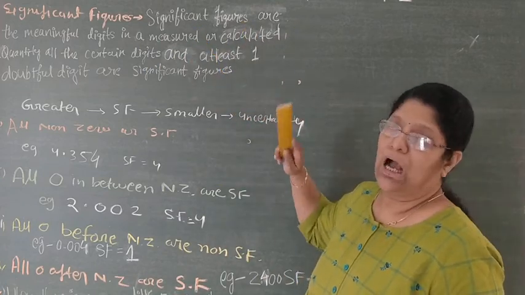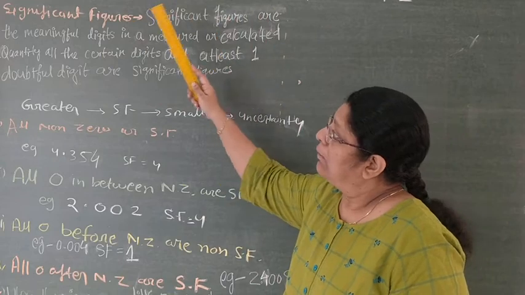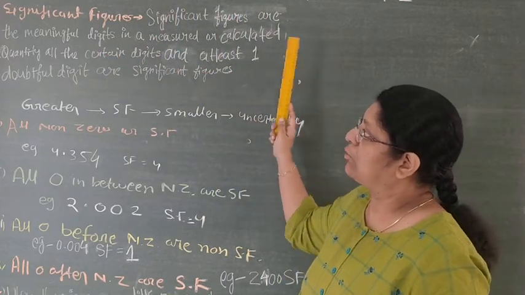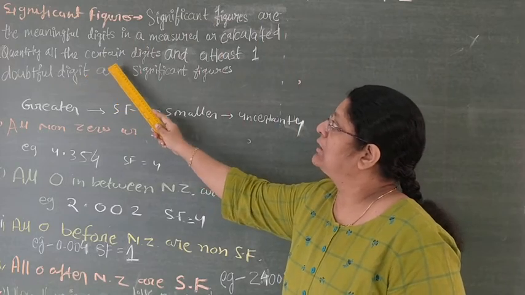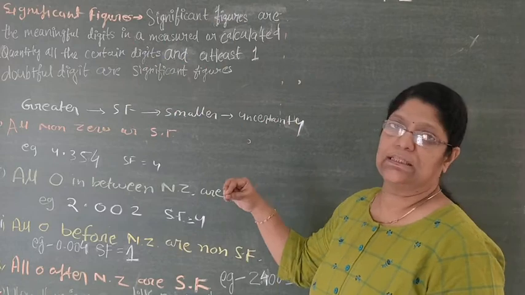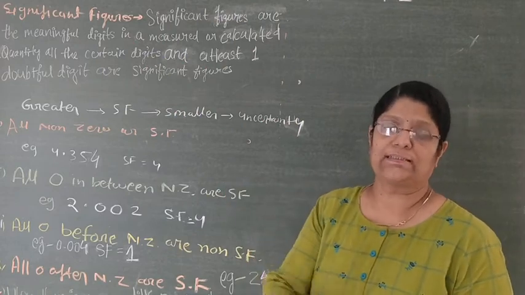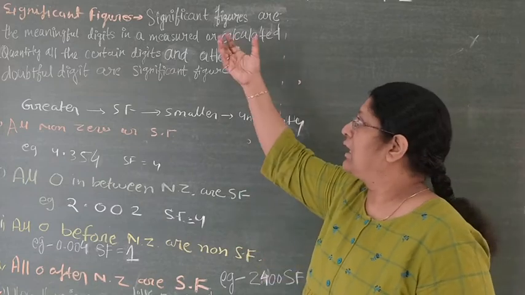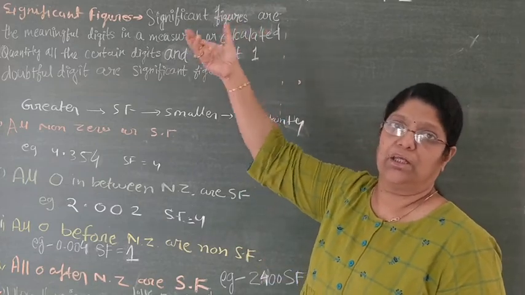Significant figures are the meaningful digits in a measured or calculated quantity, all the certain digits. These are the certain digits which are used in the calculation or measurement. In certainty and uncertainty, the significant figure is being used.